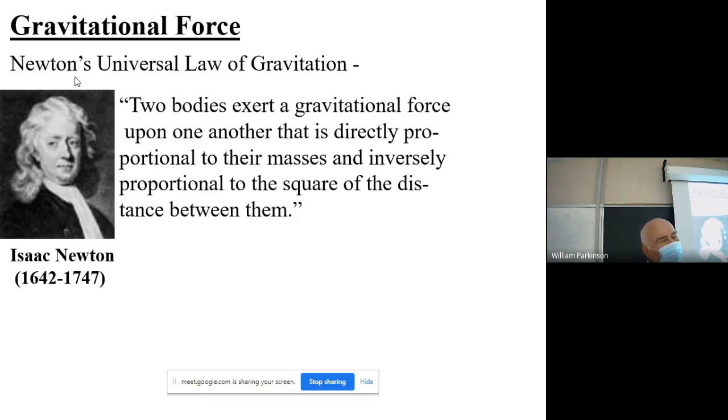Now, it turns out he was not quite all the way right. It was kind of like Rutherford fixed up Thomson's plum pudding model, which wasn't quite right. So Rutherford made the planetary one. Well, it turned out that wasn't right either, so they had to fix it up again. Newton came up with the idea of gravitational attraction for the universe.